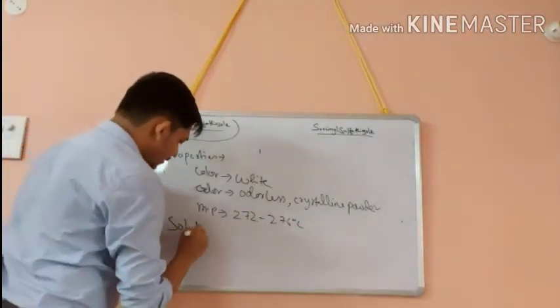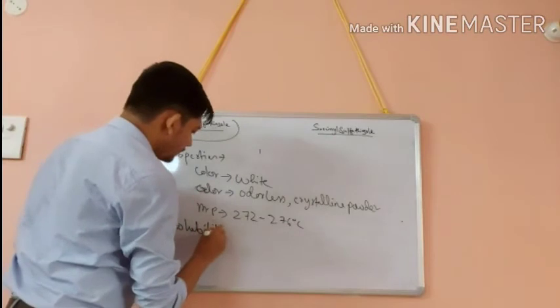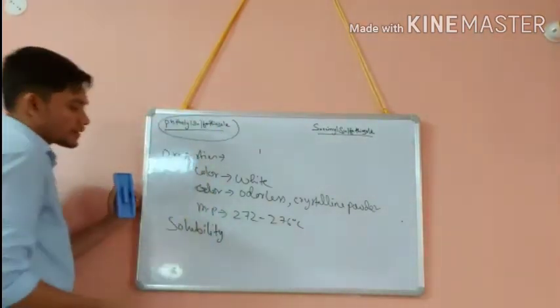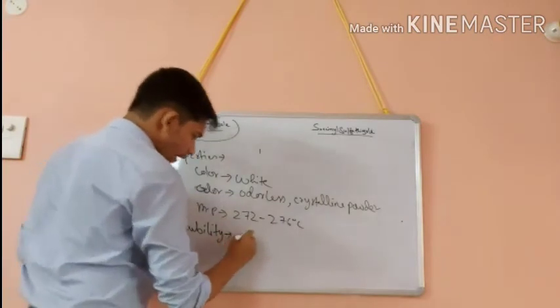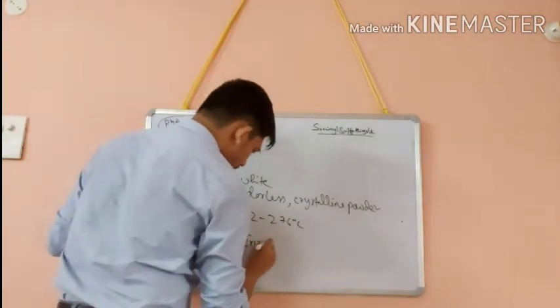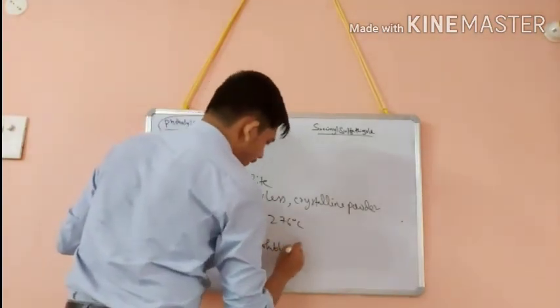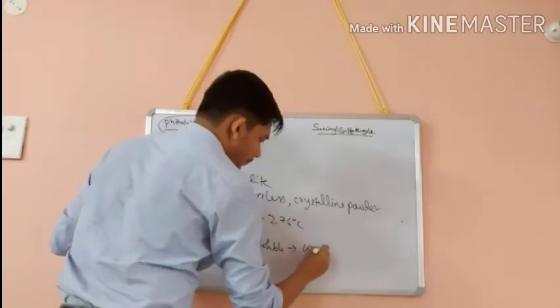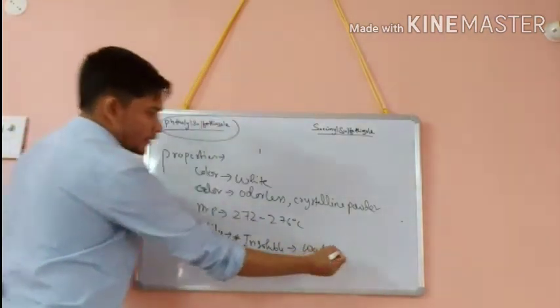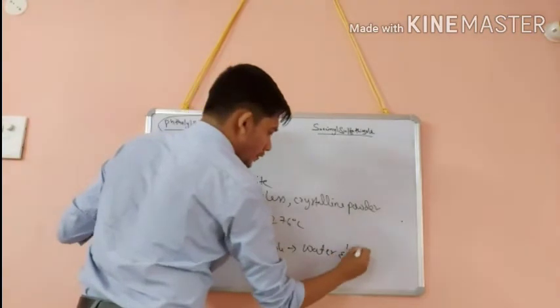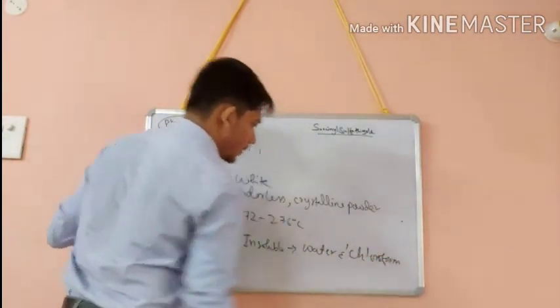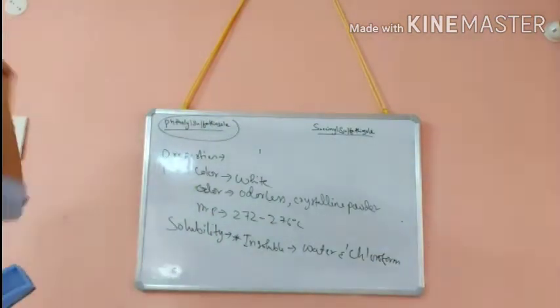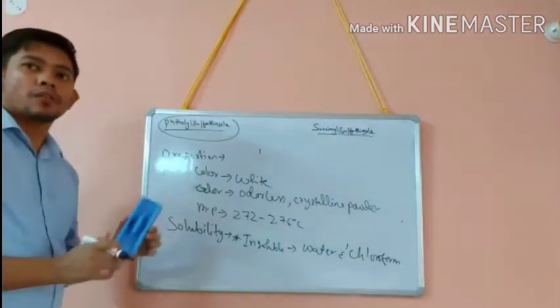So what is the solubility profile of this phthalylsulfathiazole? So in solubility, first it is insoluble in water and chloroform. So you have to remember, it is insoluble in water and chloroform.